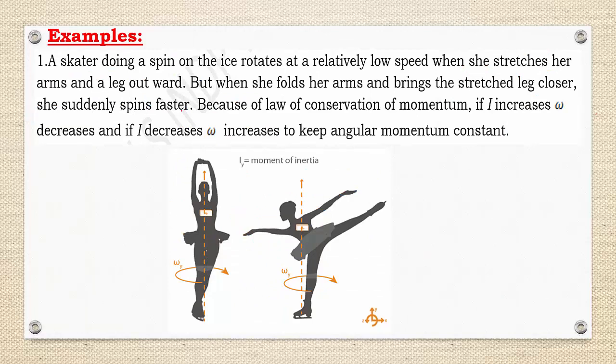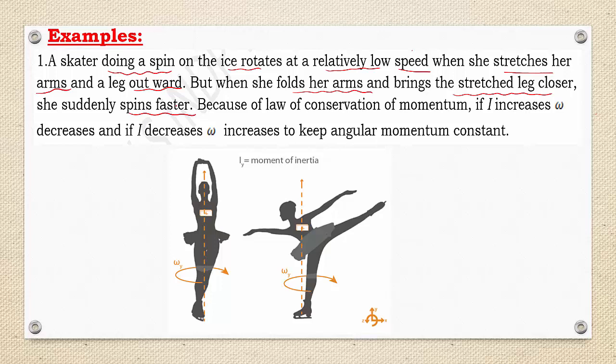You can observe the first example: a skater doing a spin on the ice rotates at a relatively low speed when she stretches her arms. When she is stretching her arms and legs outward, her speed is very low. But when she folds her arms and brings her stretched leg closer, she suddenly spins faster.